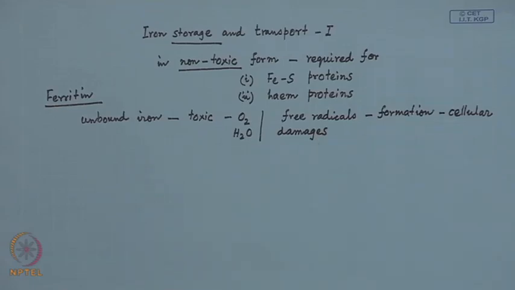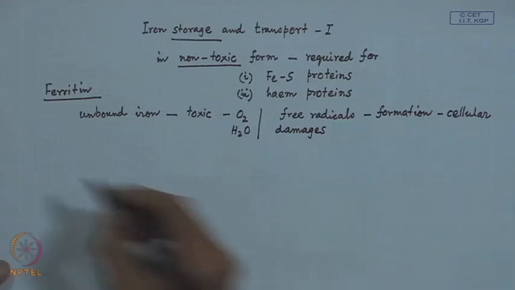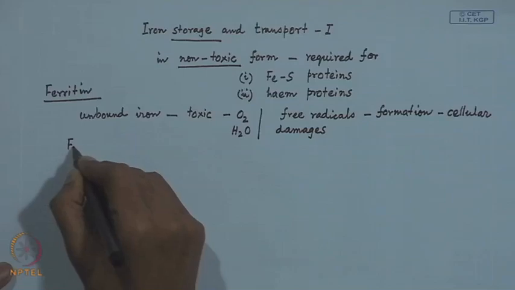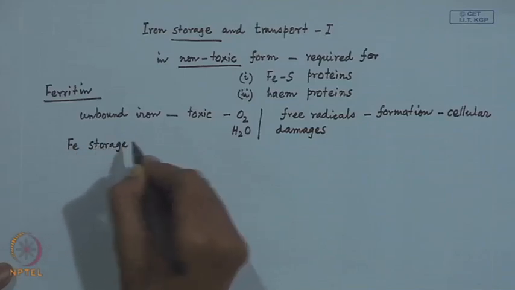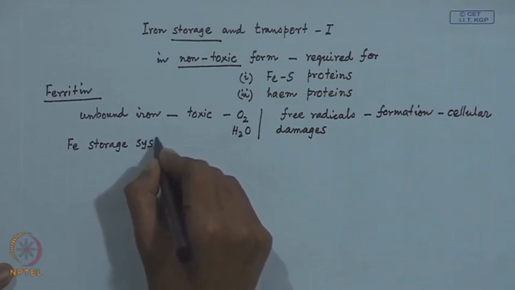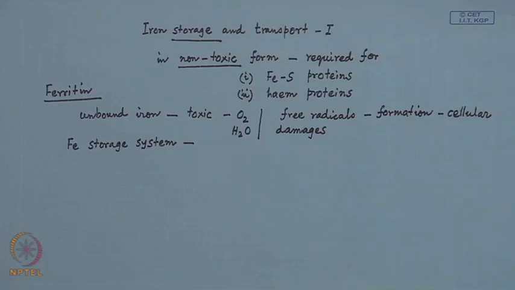We want to stop that cellular damage, so we want to stop the formation of these free radicals and get the bound form of iron. How do we get that? We want to have a particular iron storage system, which is our ferritin molecule.